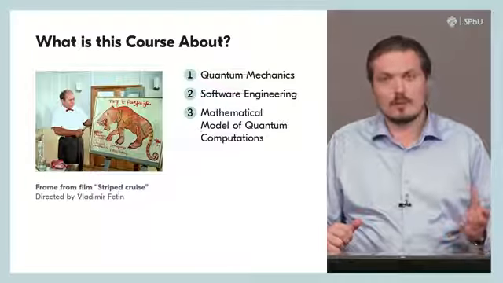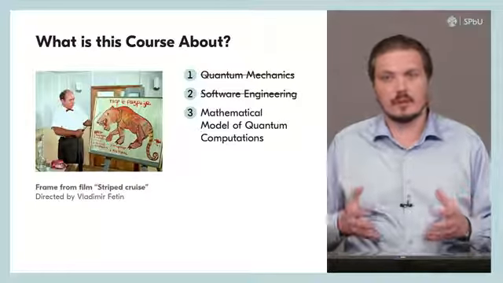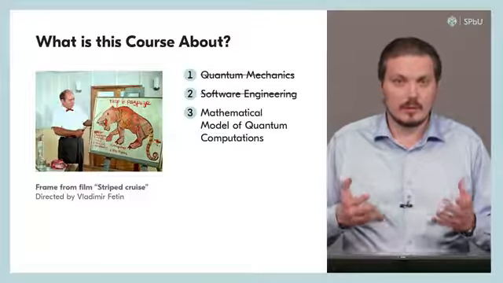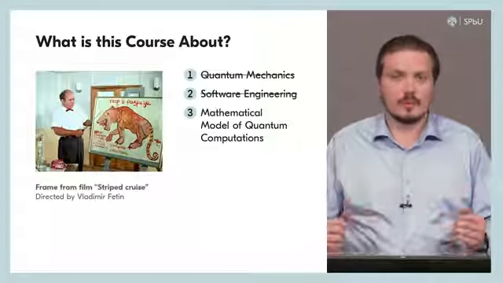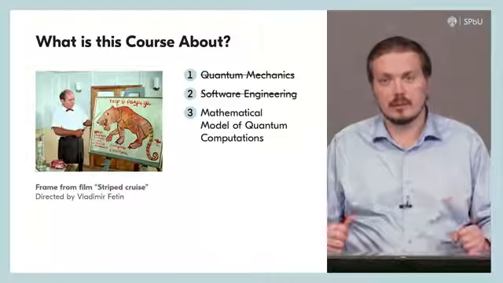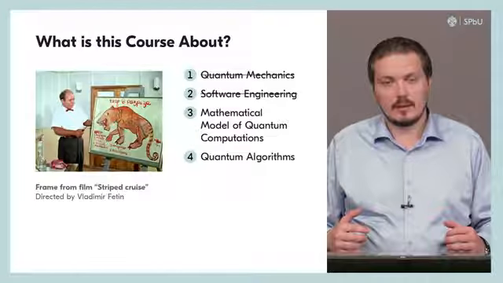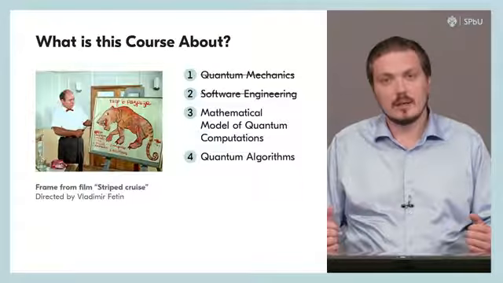This model is a very powerful tool for us because it allows us not to dig into the physical nature of quantum computing, of a quantum computer, and to design quantum algorithms without even understanding quantum mechanics. And we are going to design, with this mathematical model, some quantum algorithms.